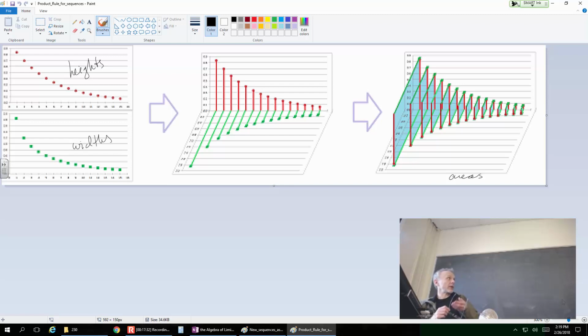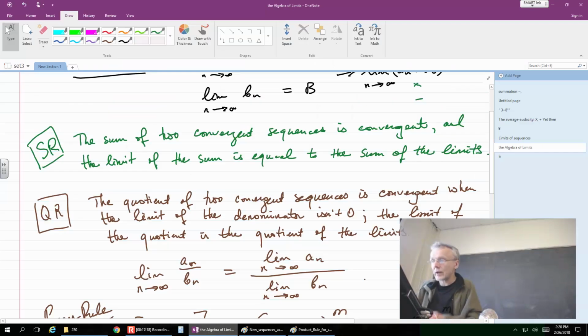Because multiplication can be interpreted as literal multiplication of two dimensions of a rectangle producing its area, and then we can see how some kind of accumulation or convergence of the two dimensions of the rectangles will also produce the same behavior for the areas.